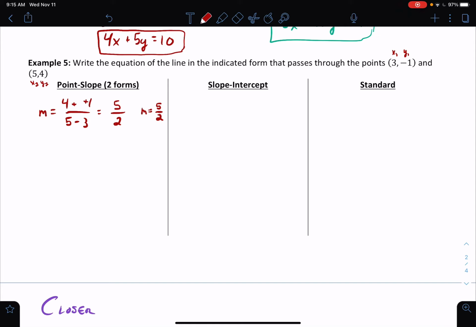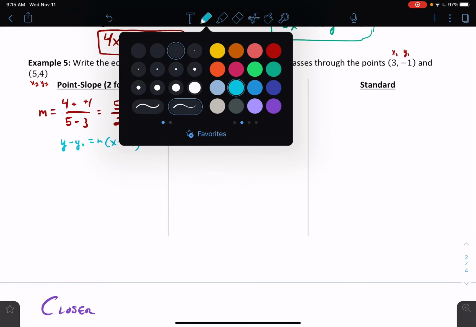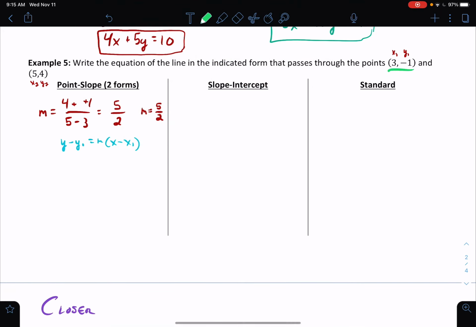All right, next up, I need to write both forms of point slope form. Point slope form, if you remember, is y minus y sub 1 equals m times x minus x sub 1. Let's plug in what we know using my first point, 3, -1.